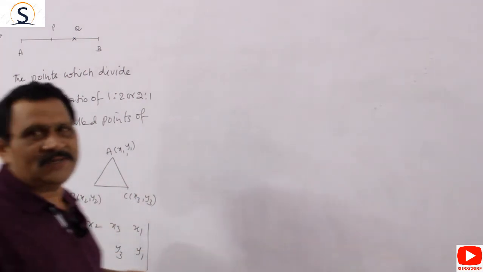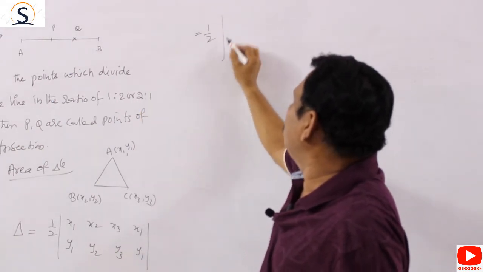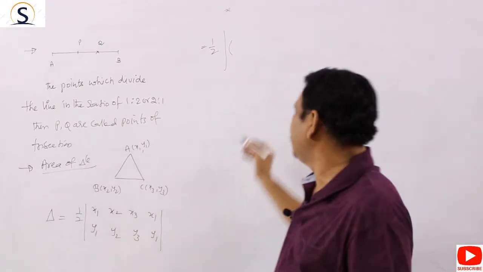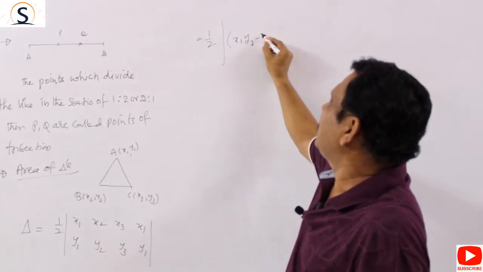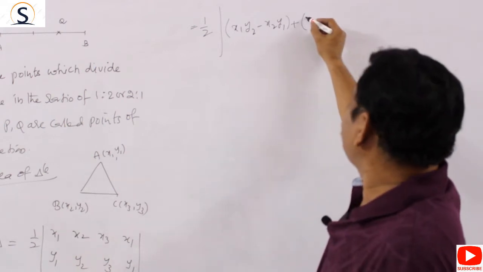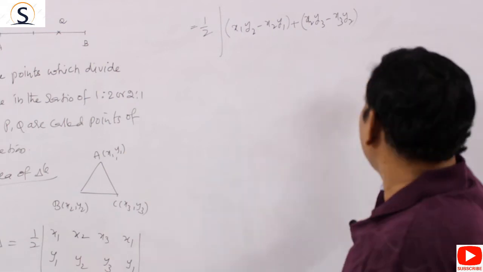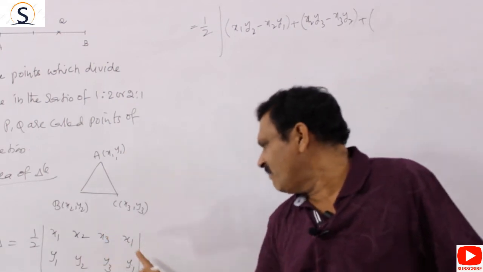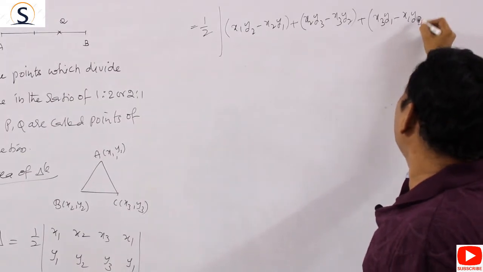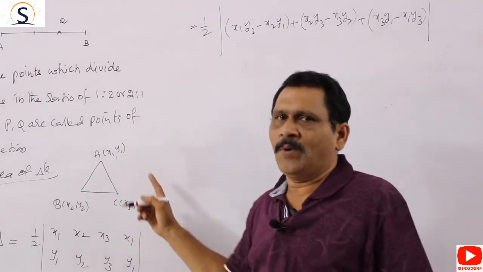Then you expand this determinant. This is equal to half of the modulus of x1 y2 minus x2 y1, this is the first 2 by 2 determinant, plus x2 y3 minus x3 y2, plus x3 y1 minus x1 y3. This is the area of the triangle formed by the 3 points.